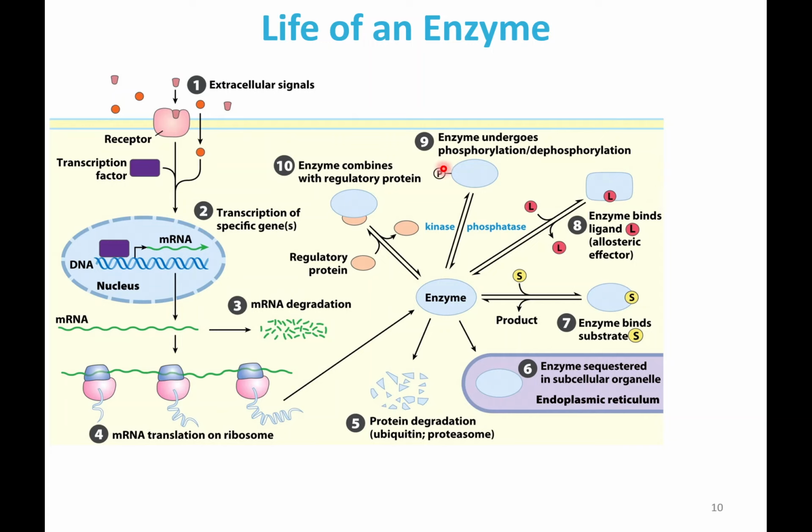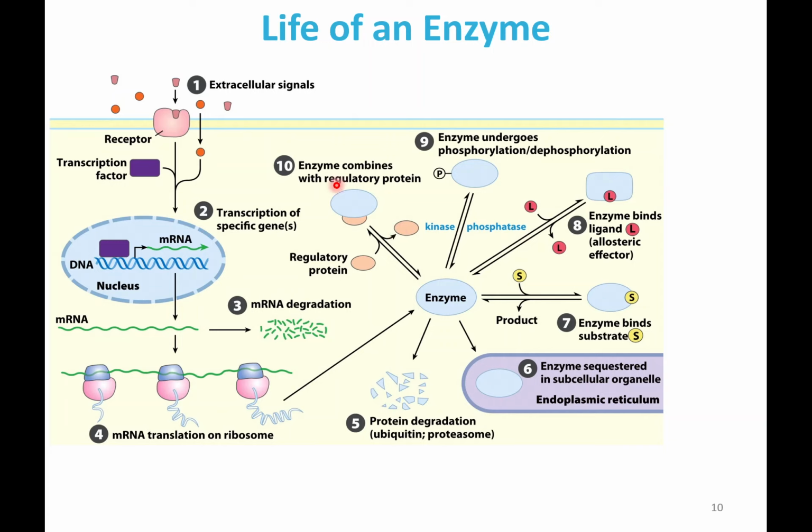The phosphorylation or dephosphorylation to either activate or inactivate it, okay, that can be a point of regulation. Kinase proteins will phosphorylate, and phosphatase proteins generally remove phosphate groups. And then finally, the enzyme that you have can combine with another regulatory protein.